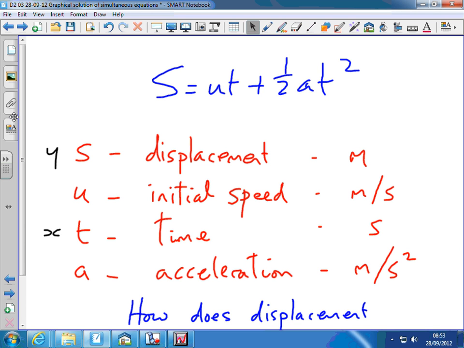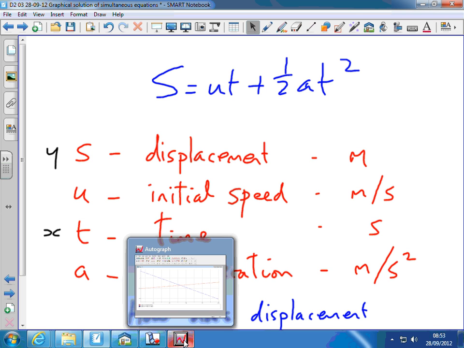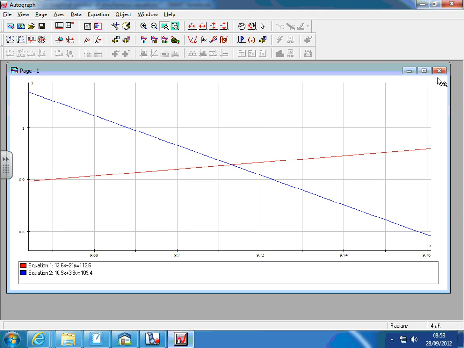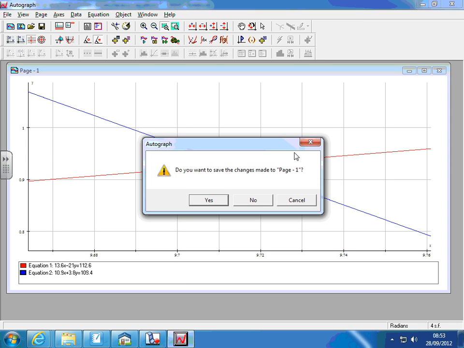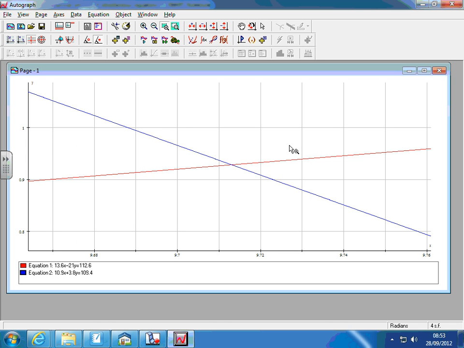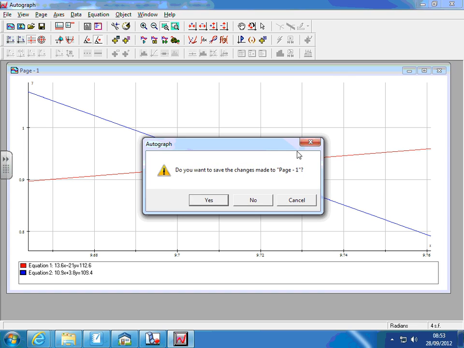What sort of line do you think I'm going to get if I do that? Yes, it will be curved, because remember we were looking at the function. We've got an x squared in there, so it's going to be a quadratic. When you get that, that parabolic shape.